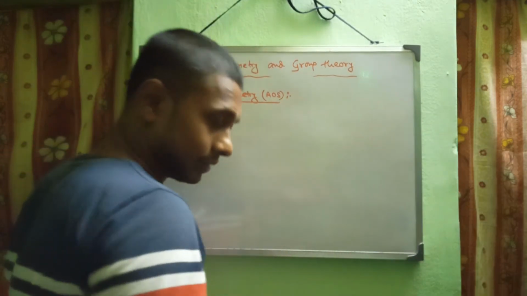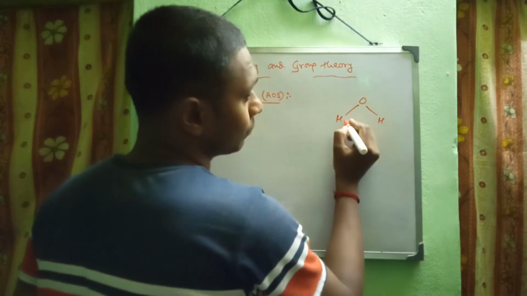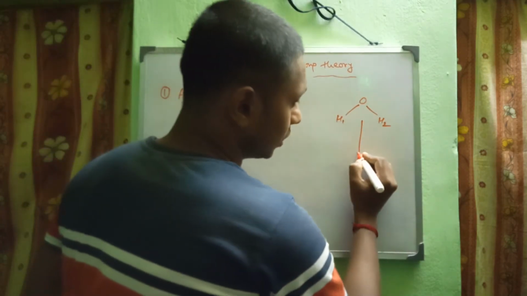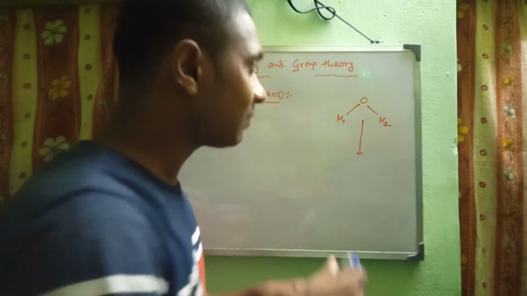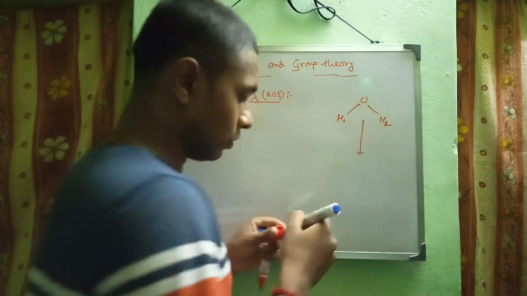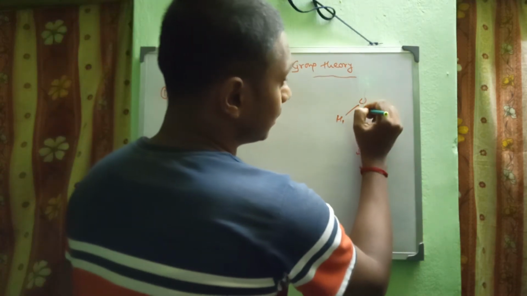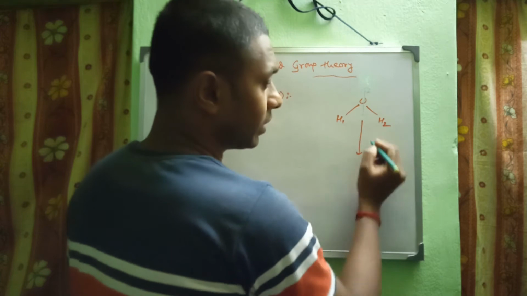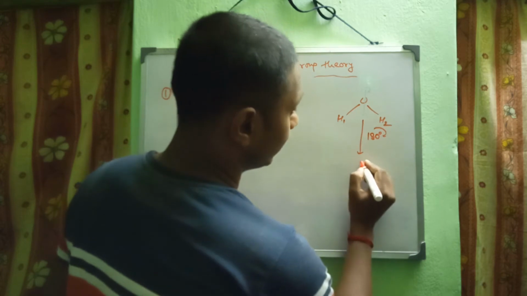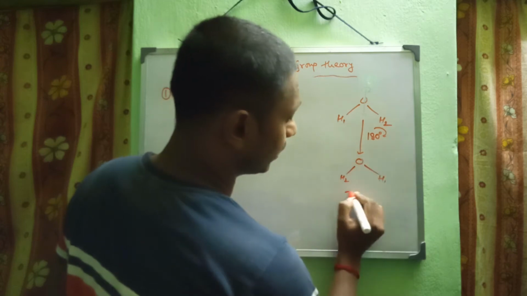Let us take the example of the H2O molecule, and label the two hydrogens as H1 and H2. If we rotate the molecule about an imaginary axis passing through the oxygen atom by about 180 degrees, we get H2 H1, and these two are equivalent configurations.